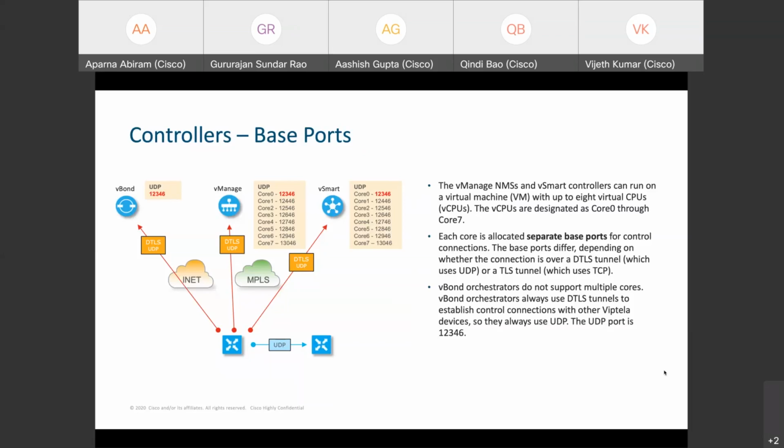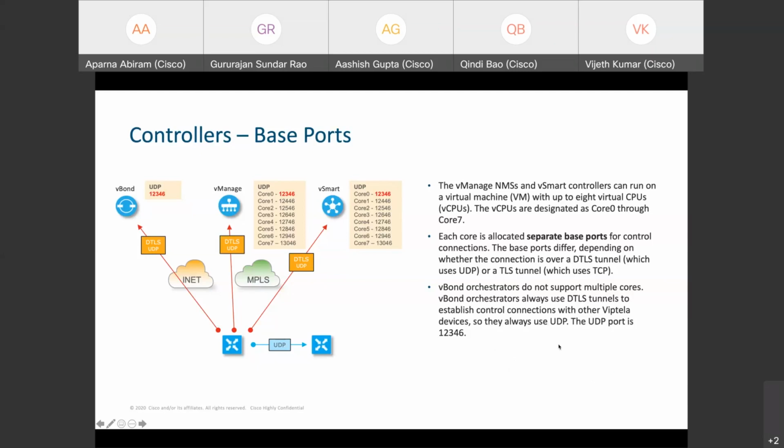Each of these control connections gets redistributed across the individual cores. So if you want to allow a firewall rule for this control connection, you need to make sure that you allow all these ports, which are 12346, 12446, all the ports that are associated with each of these cores. All this information you can clearly see with the command show control local properties.